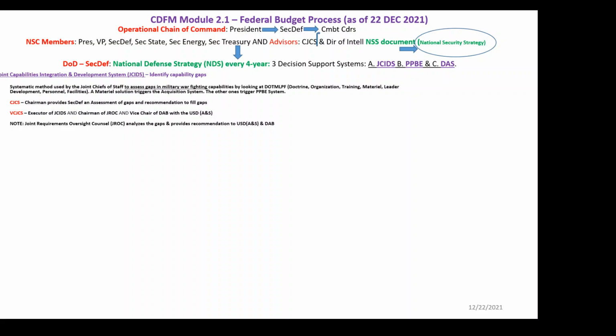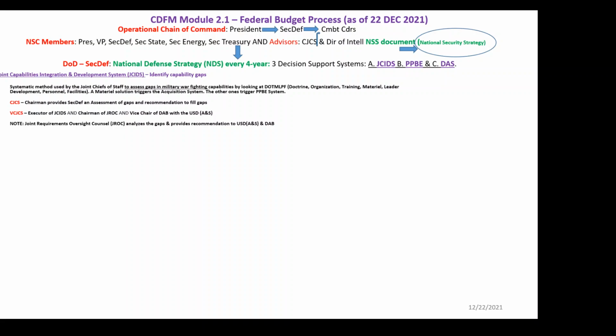Once the JROC, working with the Vice Chairman, who is the chairman of the JROC, does their analysis and determines the capability gap, because it's represented by the joint staff, the joint staff members provide an initial capabilities document, the ICD, and you'll learn more of this in Module 4.